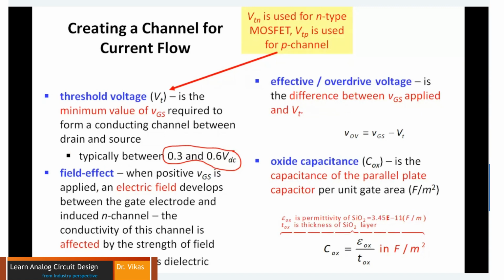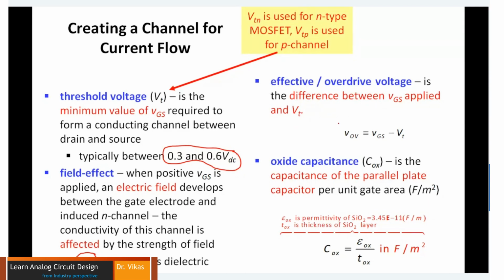Here the dielectric will be made up of SiO2, silicon dioxide, which is my oxide layer used as a dielectric just before the metallic contact and the p substrate. Of course, there are multiple oxides we can use, but silicon dioxide is one of the most common dielectrics.